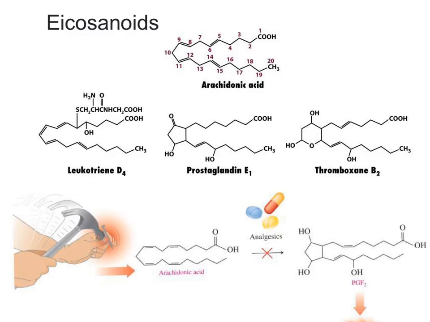Another important family of lipids that is not hydrolyzable is that of eicosanoids. The word eicos means 20, which means that these are lipids derived from polyunsaturated fatty acids 20 carbons long. Prostaglandin, leukotriene, and thromboxane are all derivatives of arachidonic acid.